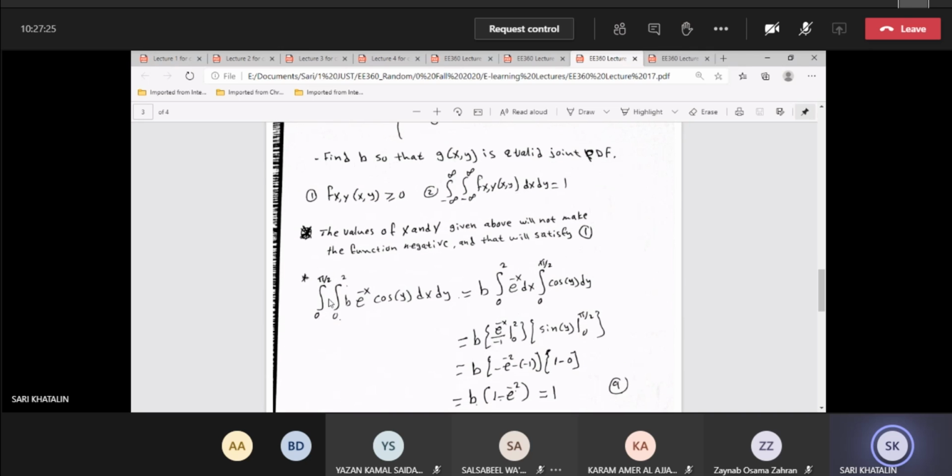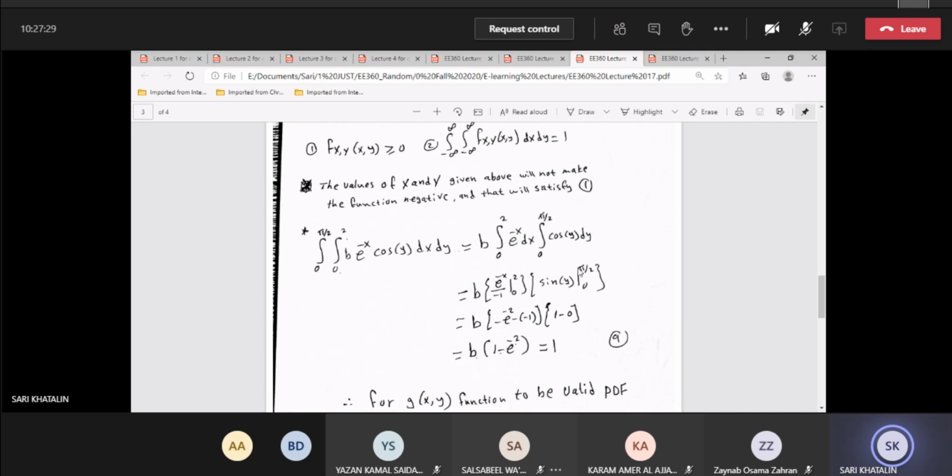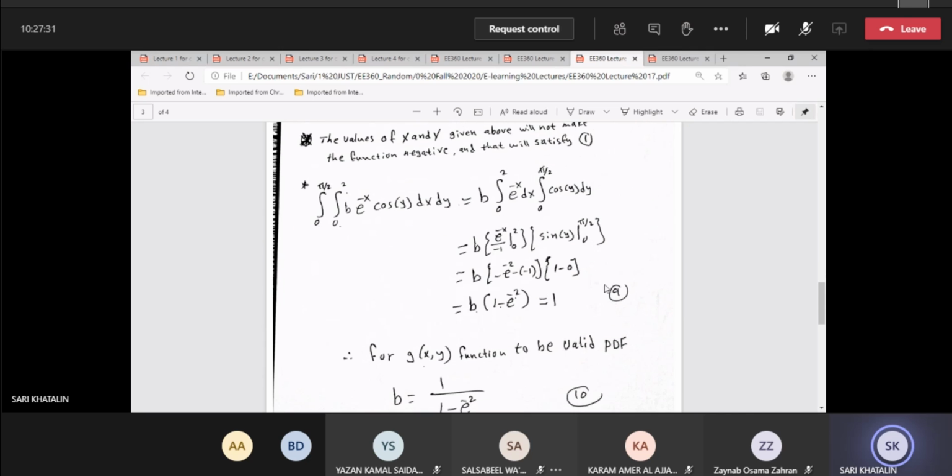So we plug in the limits and do the integration, very straightforward. We all know how to do this. After you do the very simple integration, you will end up with equation 9.